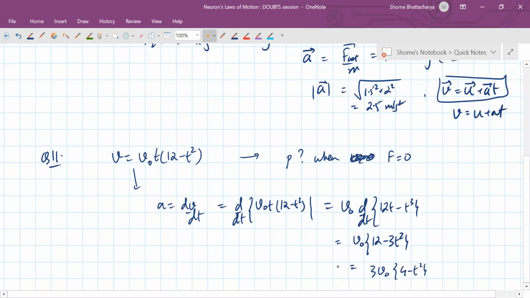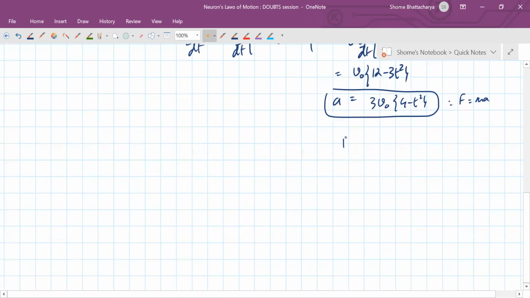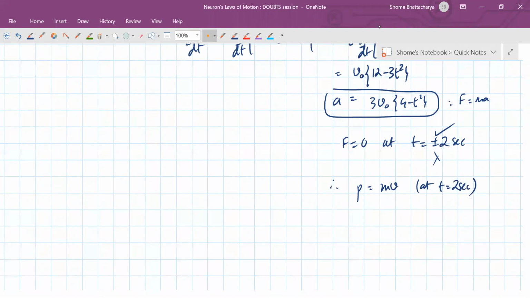So this is the acceleration. From this, force is equal to ma. So force is 0 at t equal to plus minus 2 seconds. So obviously we'll take plus 2 seconds, minus 2 seconds doesn't work. So now you find momentum is this. Now you just put t equal to 2 seconds and find the value. Right, this is clear.